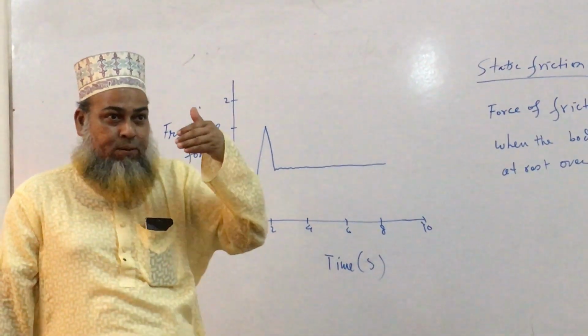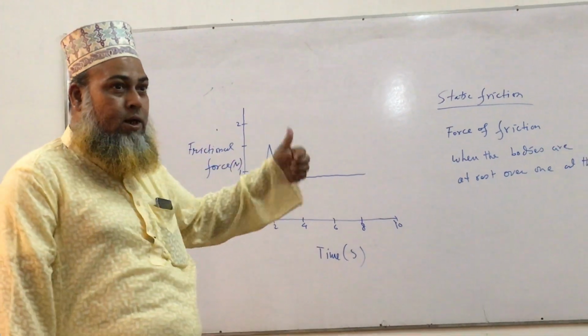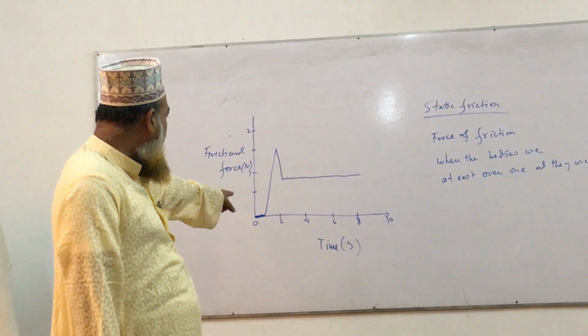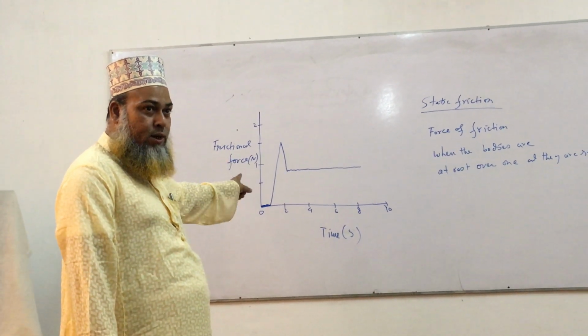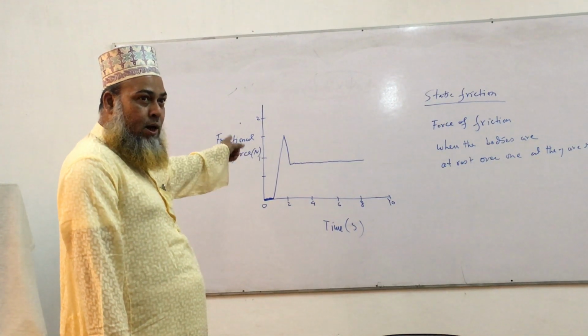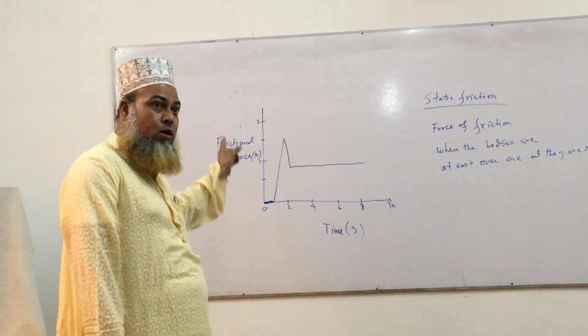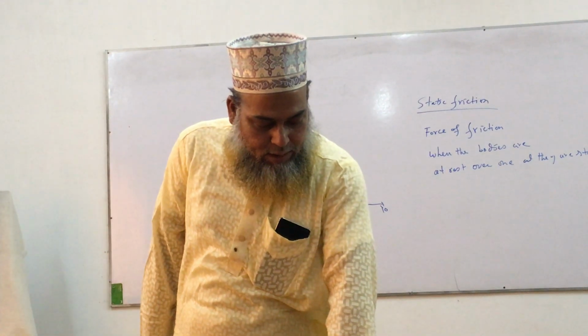So the maximum of static friction here in this example is 1.5, and it happens at about 2 seconds. At about 2 seconds, the maximum of frictional force happens, and this is the maximum force of static friction.